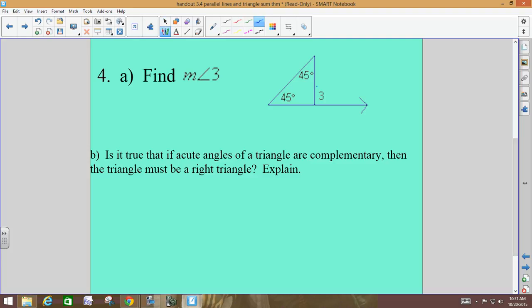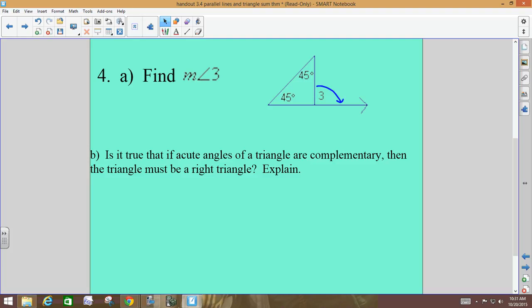Angle 3 on number 4 is this guy over here. Would you say that he's an interior or an exterior angle? Exterior. He's outside of my triangle. And he's formed by one side of the triangle and an extension of the other, so definitely an exterior angle.